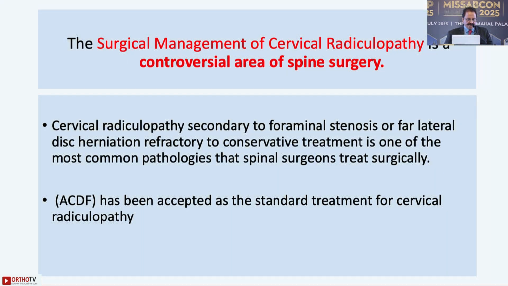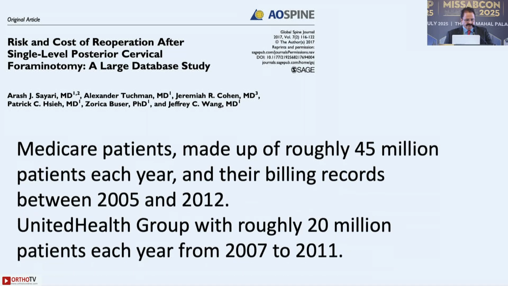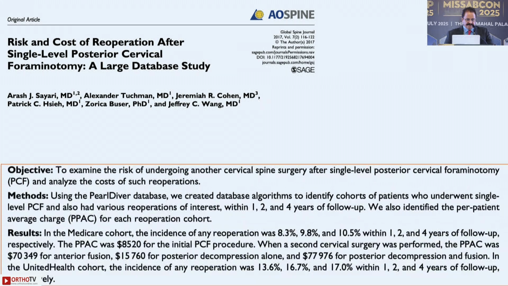Cervical radiculopathy is a candidate for foraminal stenosis or lateral disc herniation. Being refractory to conservative treatment is one of the most common pathologies that we treat, and ACDF is accepted as a standard treatment. If you look at this study, where they looked at the cost of reoperation in the US in 2 databases, United Health and Medicare, reoperation after the first year up to 4 years ranged from 8.3 to 17%.